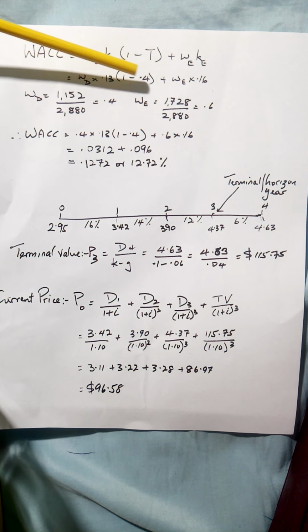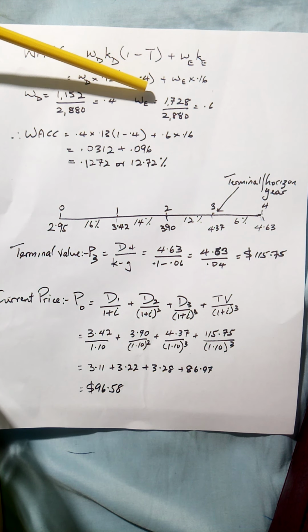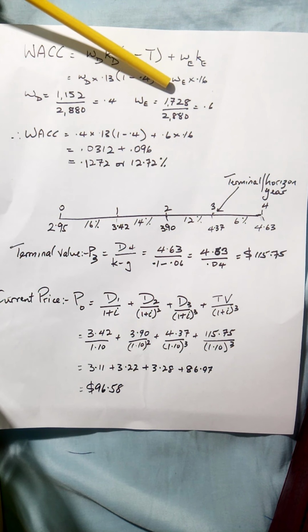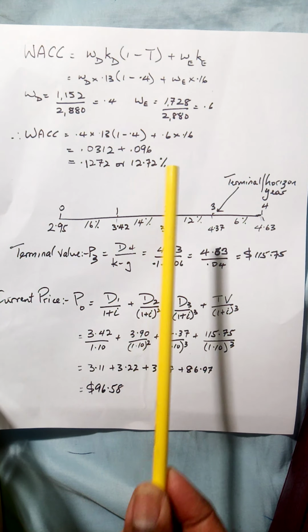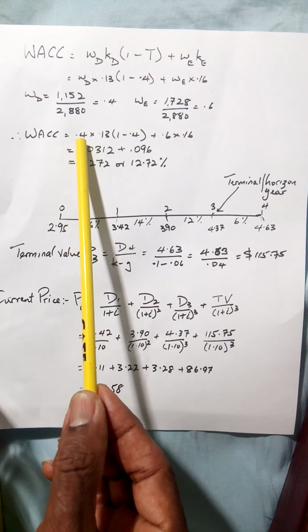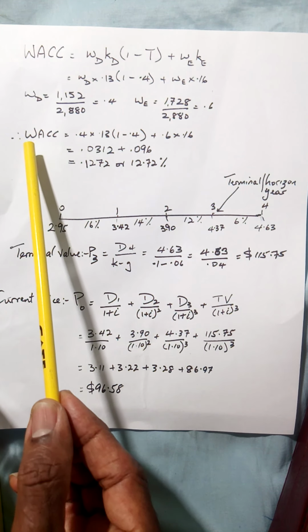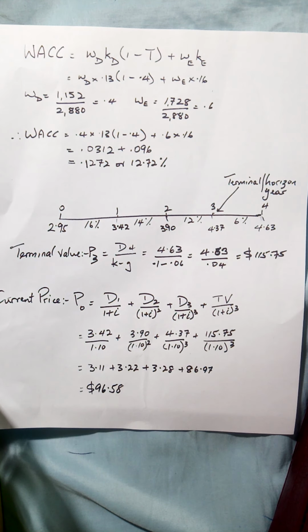We didn't need to do the other one because if debt is 40%, we would know that equity is 60%. But we do it anyway and we get 0.6. So now we have the weights of debt and equity. We put them in. Simple arithmetic gives us the weighted average cost of capital as 12.72%. Pretty simple.